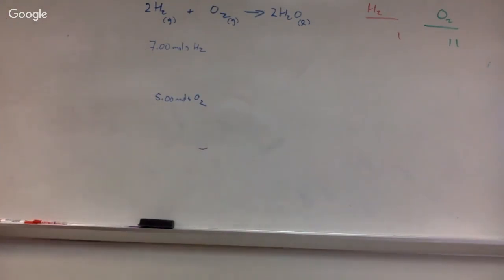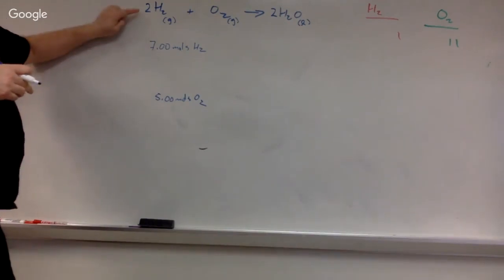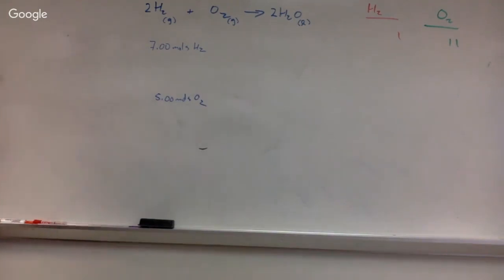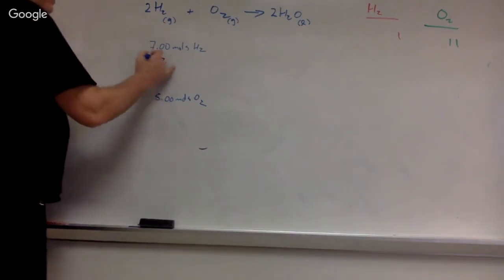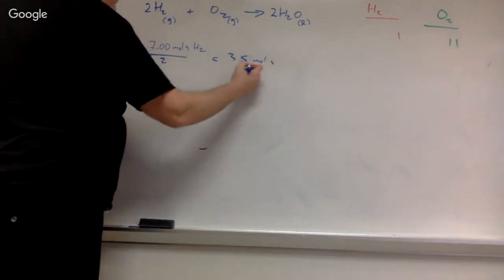And here's the trick. If you ever want to figure out which is your limiting reactant, you take each of the reactants' number of moles and you divide by the coefficient of that reactant. And whatever you have less of, that's your limiting reactant. So let's do this together. 7 divided by 2, would you agree with me, is 3.5 moles.